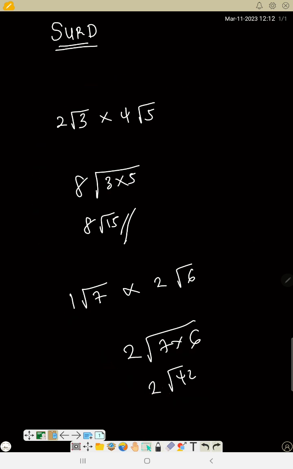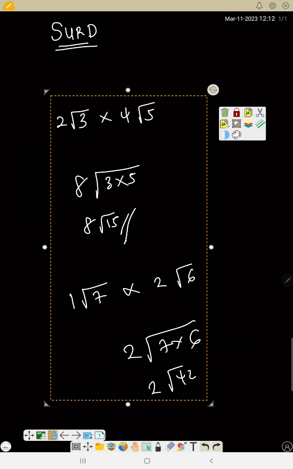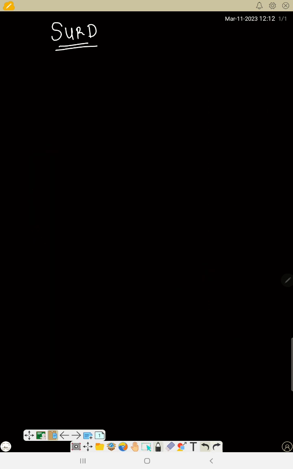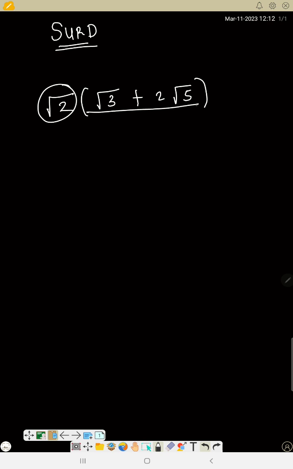So if there is now a bracket, you still open the bracket just like your normal way you expand. Let's say we have root 2 bracket root 3 plus 2 root 5. Let's say you have this. So now this root 2, we still open the bracket as usual, normal. So that means you are doing root 2 times root 3.